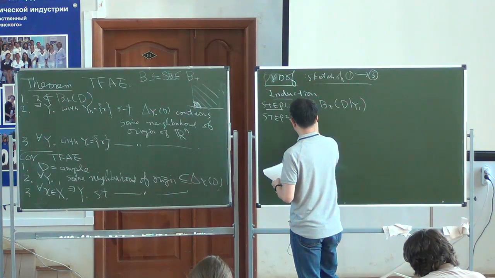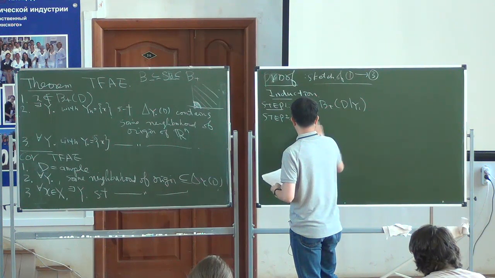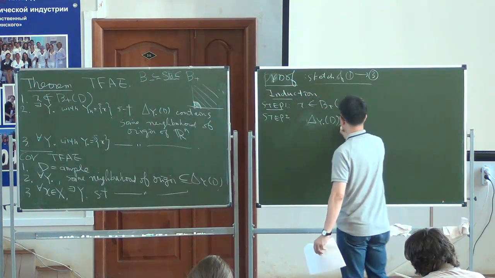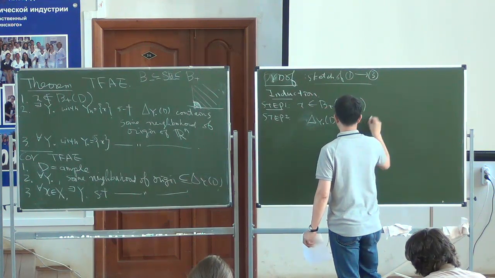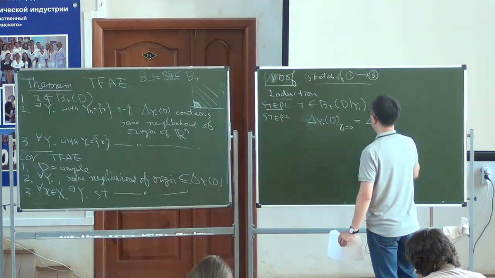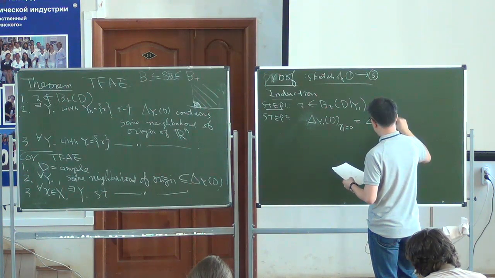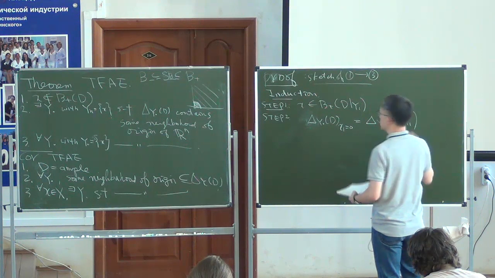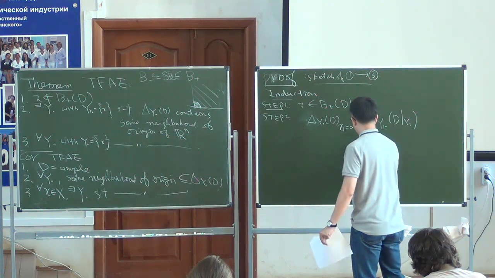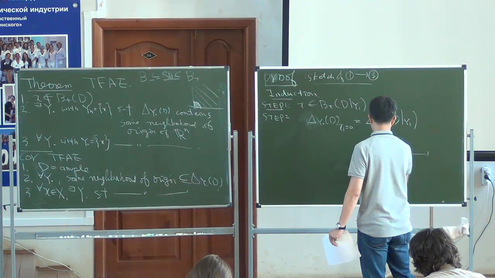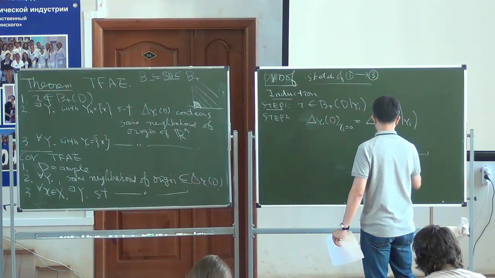So you also verify that this is equal to Y1 dot D restricted to Y1. Okay? So this means that your Okounkov body will look something like this.